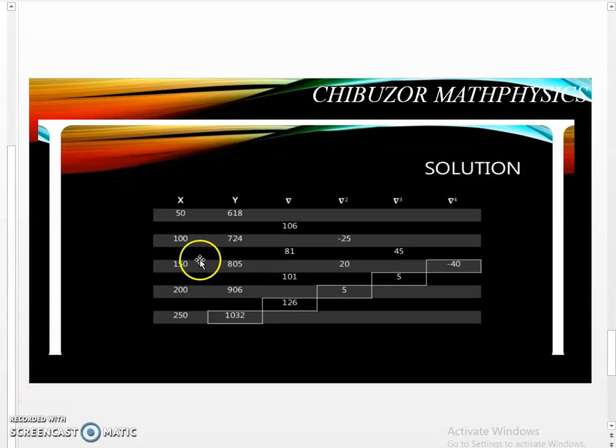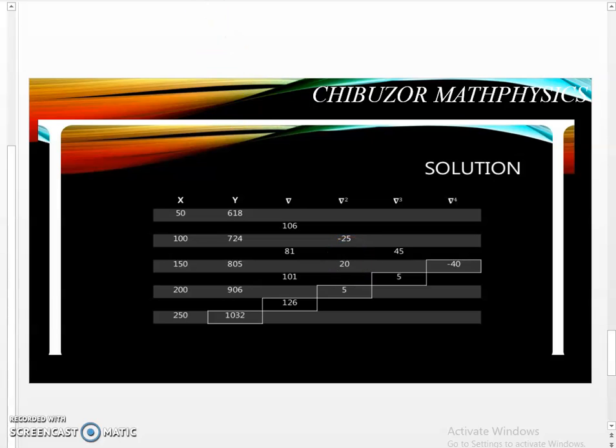If we construct our table, it looks this way because we are simply taking the difference: 724 minus 618 will give you 106. If you do the same here, you have 101. In the second difference for backward, because this is backward, you will simply have 81 minus 106, which is negative 25.